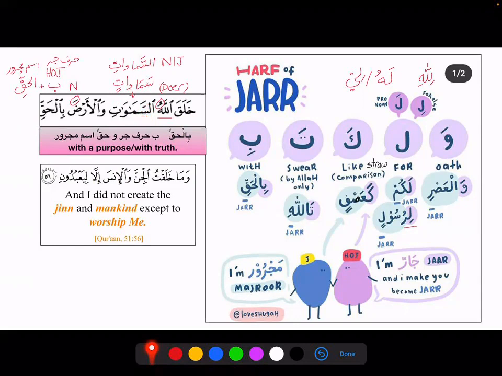So whenever we attach al, and before al we have something attached to this word, then we do not pronounce this hamza, this alif over here, because this is a weak hamza, and that's why it is just connected. So khalaqallah samawati. We don't say khalaqallahu as-samawati, right? So this is not how we read, rather khalaqallahu samawati.